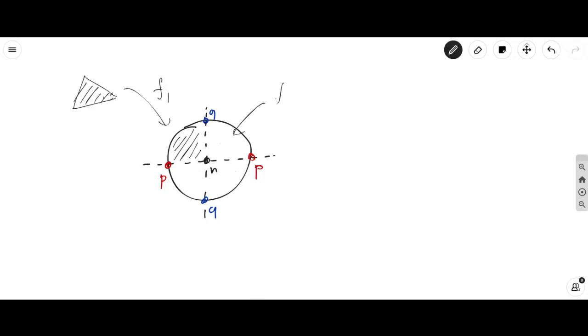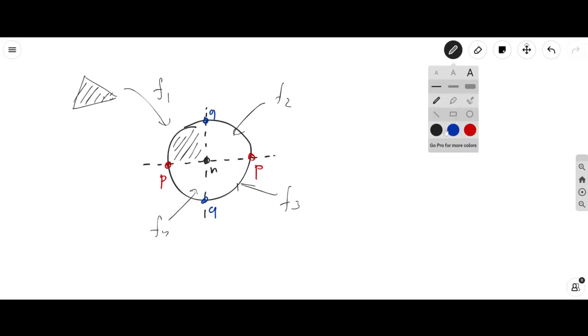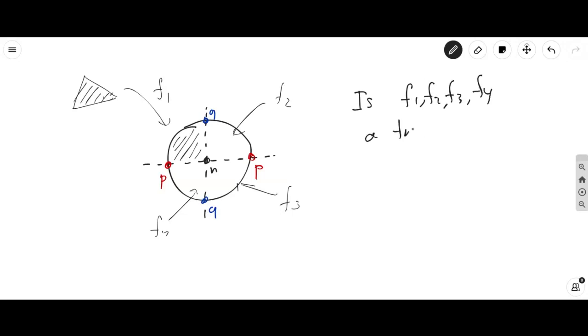You have one like this, F2, you have F3, you have F4, and then the question becomes, is the collection of these four mappings a triangulation for P2? That's the question that we're asking here. And here, the answer is no. In contrast to the previous triangulation, where these mappings were not even homeomorphisms, now they are homeomorphisms.